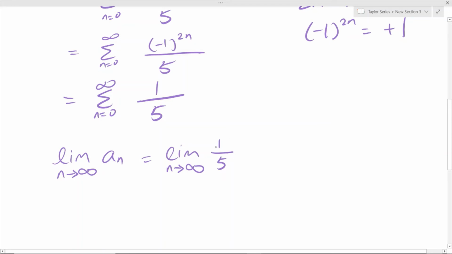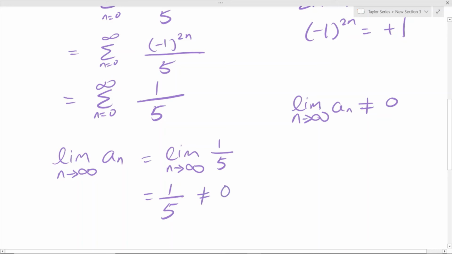And here it's a constant, so there's really no n in here. So this is just going to go to 1 over 5. And the test for divergence basically says that if this limit of an as n goes to infinity is not equal to 0, then that basically means that the series will be divergent. And here it's not equal to 0.